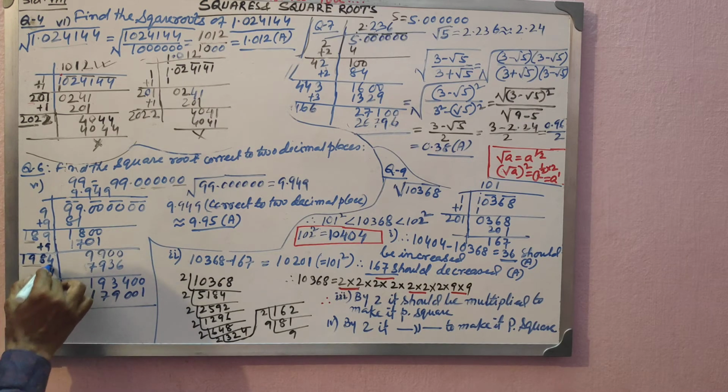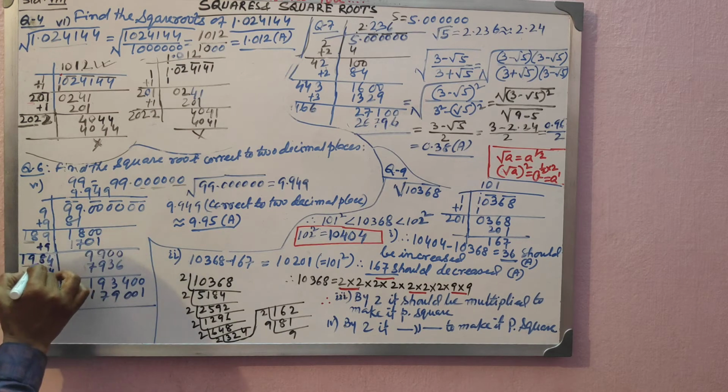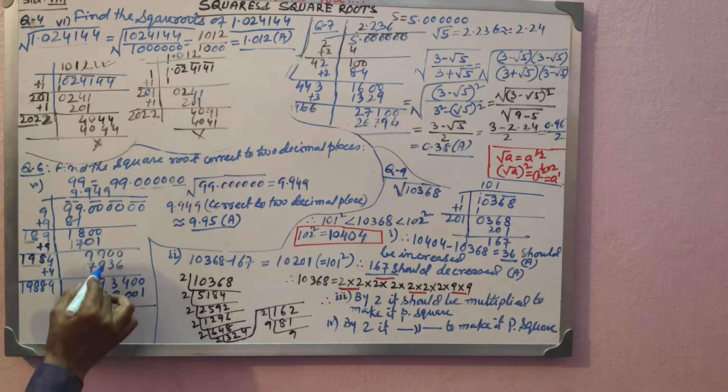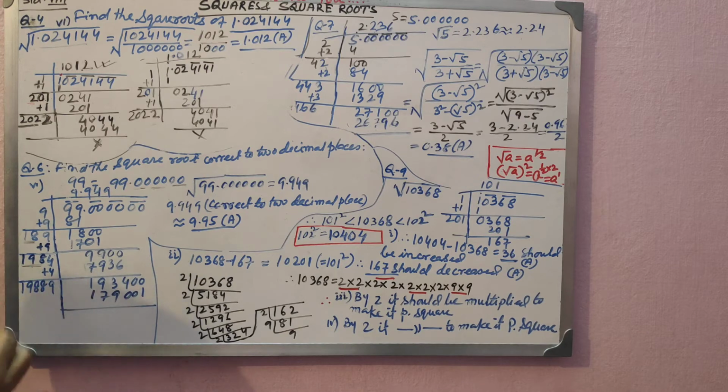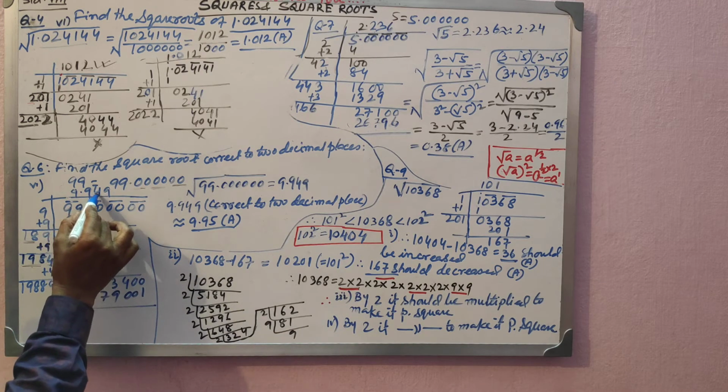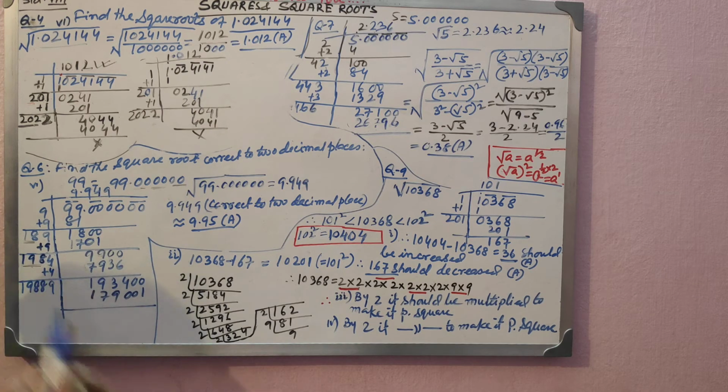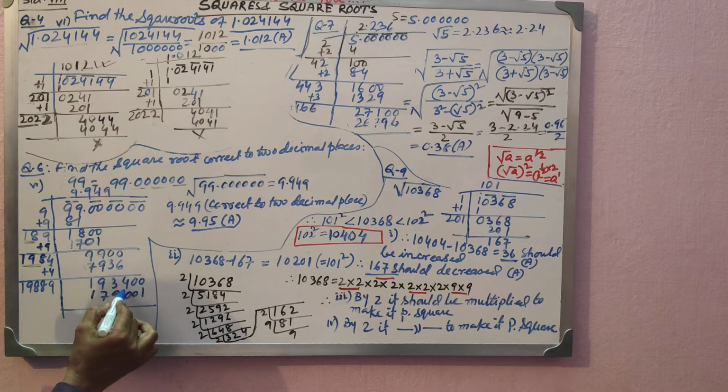You have to multiply with 4. 4 has gone to the quotient column. 4 times 4 is 16. 4 8s are 32 plus 1, 33. 3 carry over, 4 9s are 36 plus 3, 39. 3 carry over, 4 1s are 4 plus 3, 7. On subtraction you have got 1934.